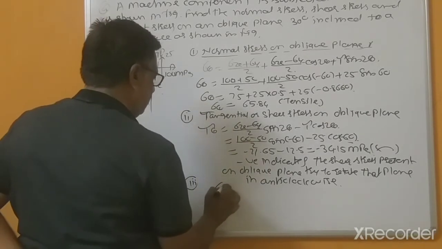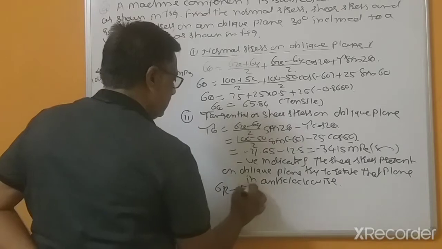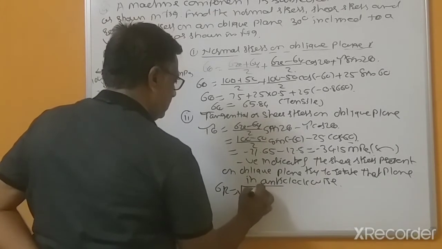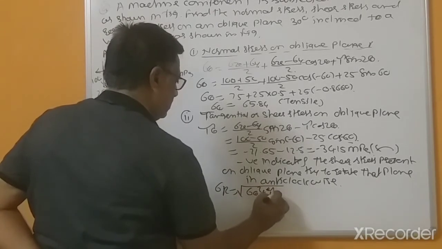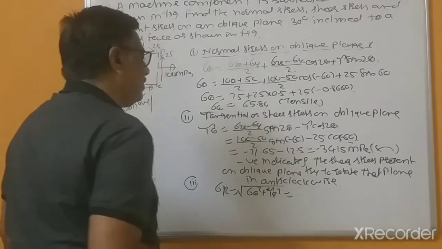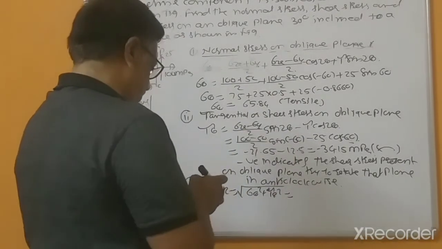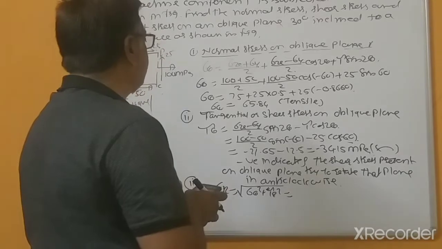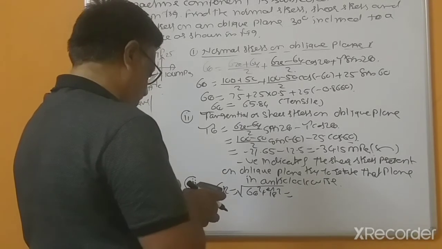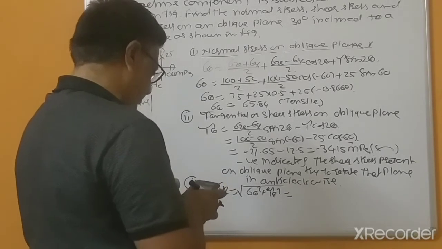So the resultant sigma equals the square root of 31.15 squared plus 65.84 squared.